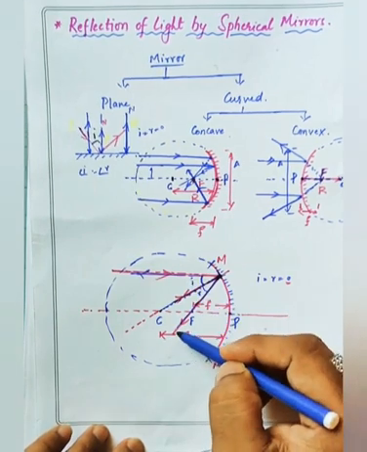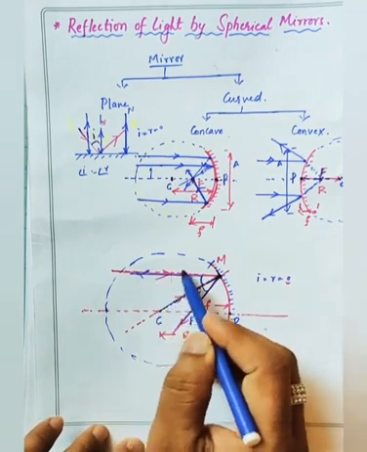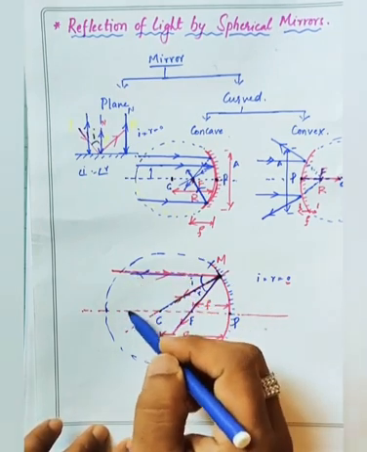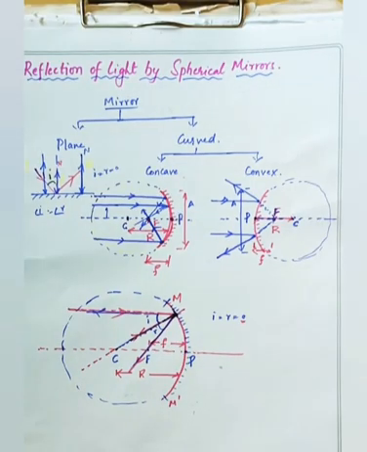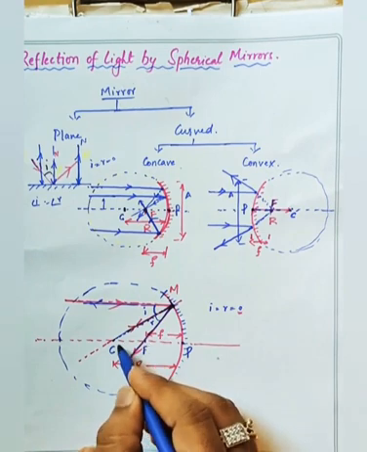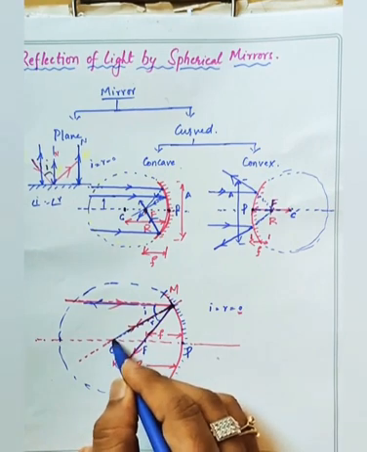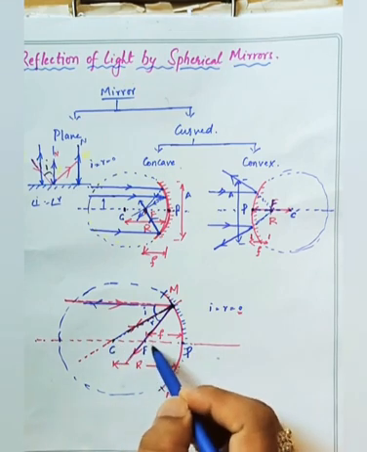So suppose the ray is passing through the focus and striking the surface, it will go along a straight line which is parallel to the principal axis. And in the beginning I told you this particular point F is exactly at the center: from here to here is r, and here to here is f.